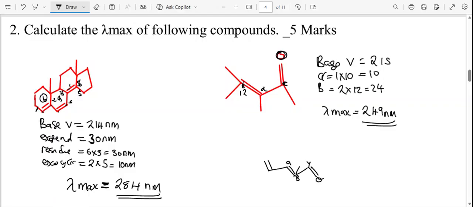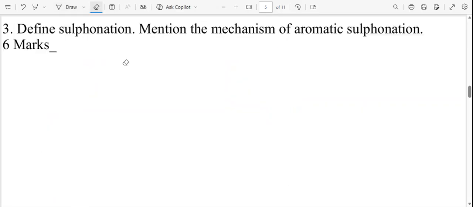If there were groups like that, you say this one has the value of 10, this beta has the value of 12, the gamma has the value of 18, and also the delta has its value. So you look at the substituent, then you multiply by the number of substituents that you have there. That's how you determine this for enones or ketones. All right, so that is it. Let's go to something else.